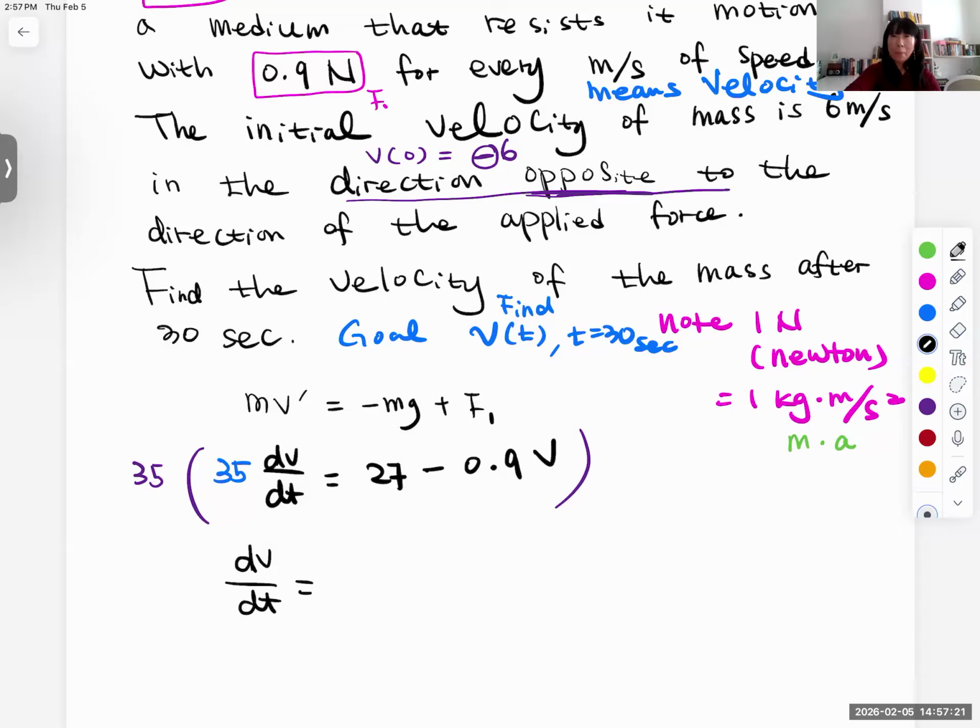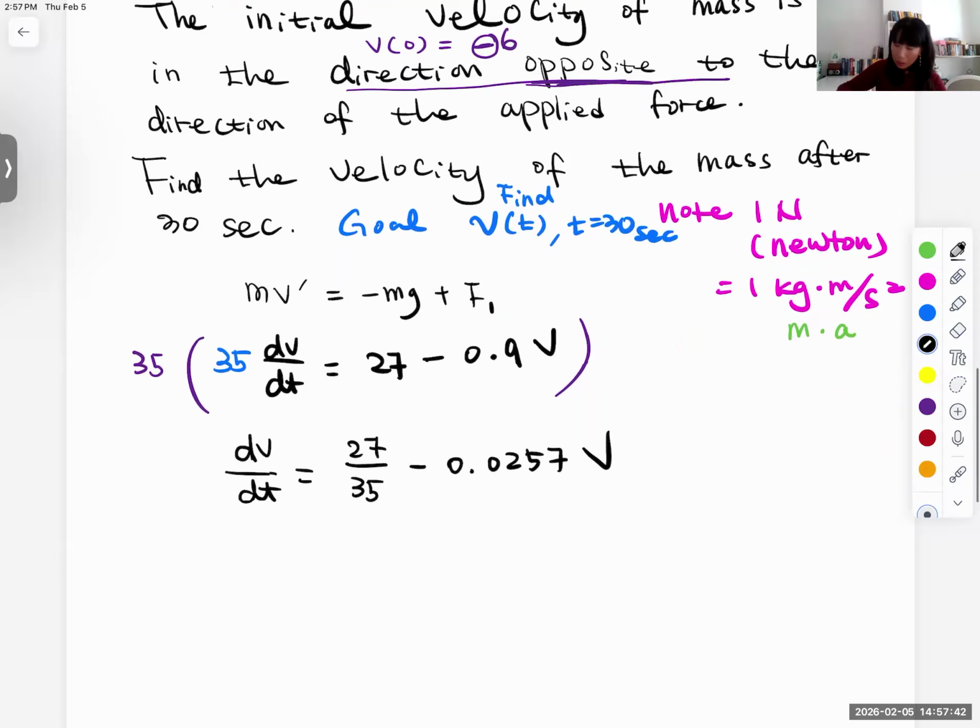Let's just leave it, because we don't want to carry the decimal. How about 0.9 over 35? We have to calculate that, so there will be 0.0257 v.